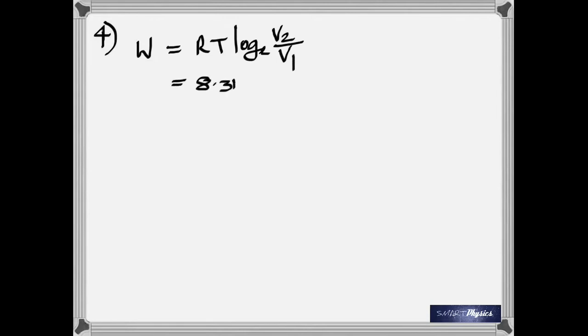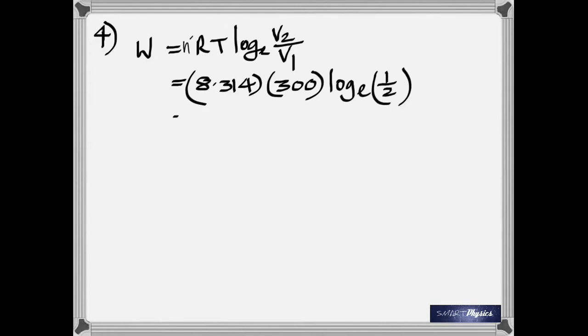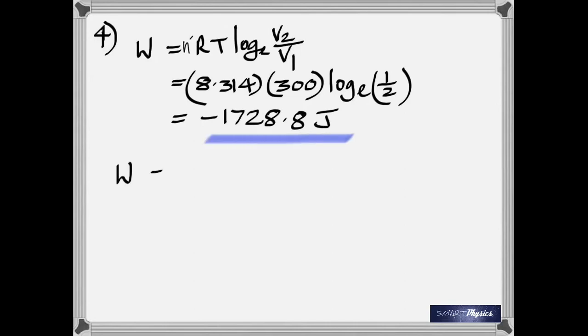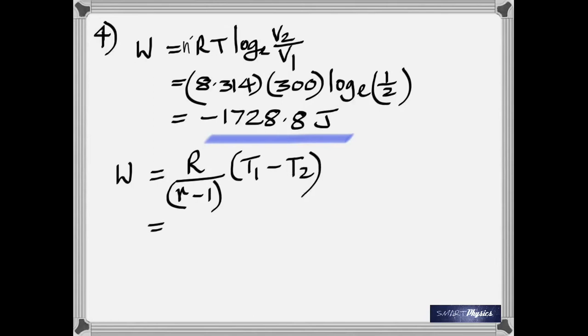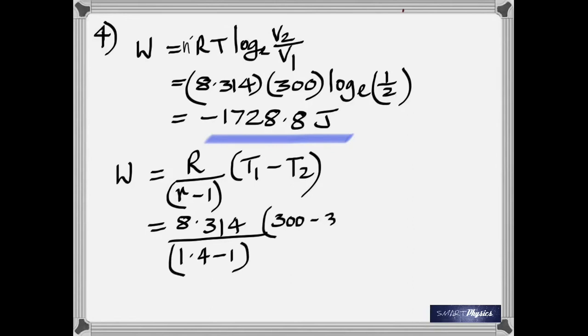That's work done during an isothermal change. Negative because work is done on the system, and that's for work done during an adiabatic change.